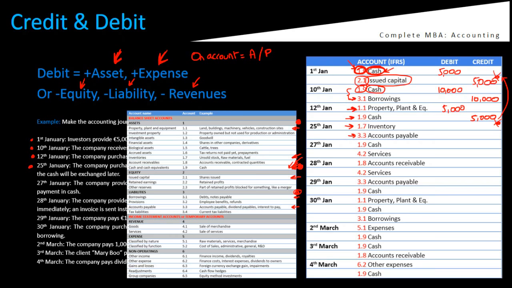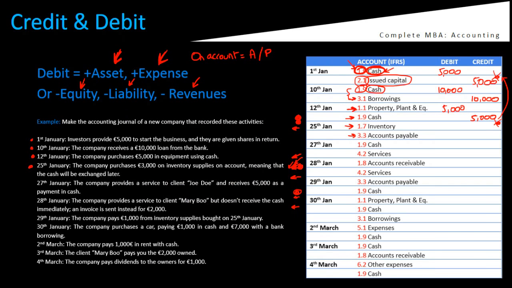Inventory is increasing, and inventory is an asset. You can see that here it is in the asset family. So inventory is the debit here. How much? Well, that was 3,000. So we write 3,000 on the debit side of the inventory and 3,000 on the accounts payable. And we go to the next one.